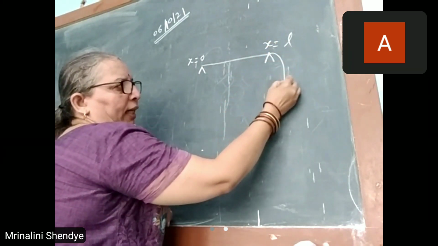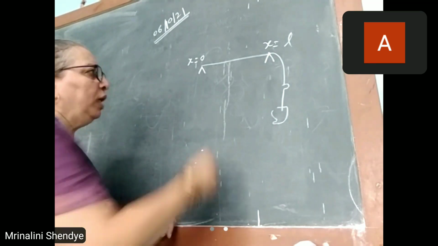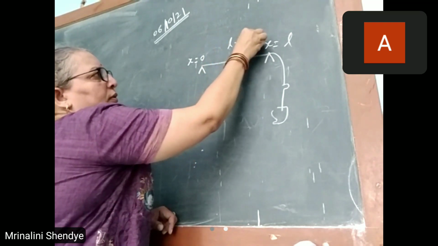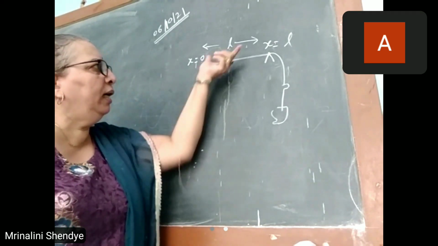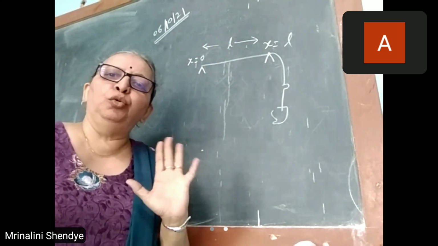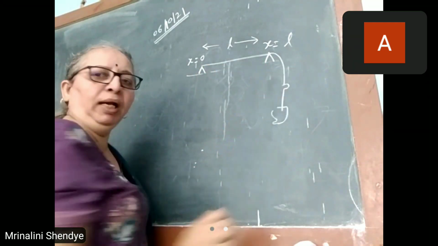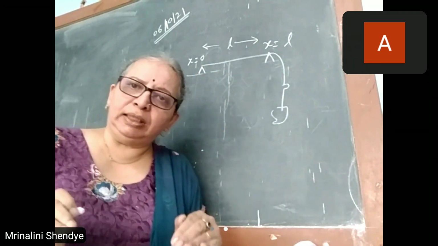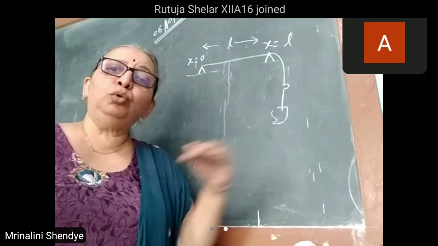So the effective length of the bounded medium in the form of a straight string is, we assume, L. Now I will keep this string in the x direction, parallel to the horizon.